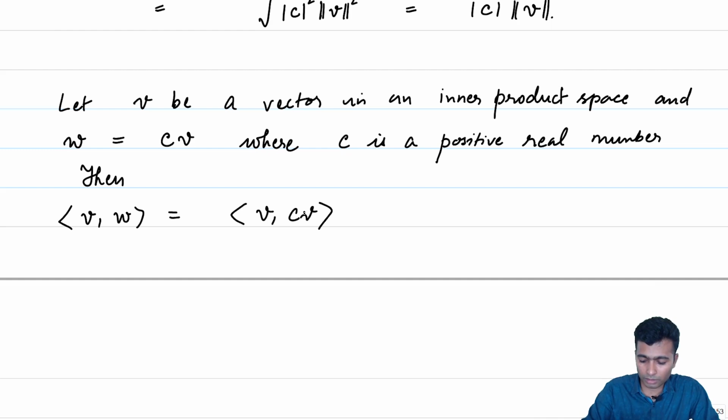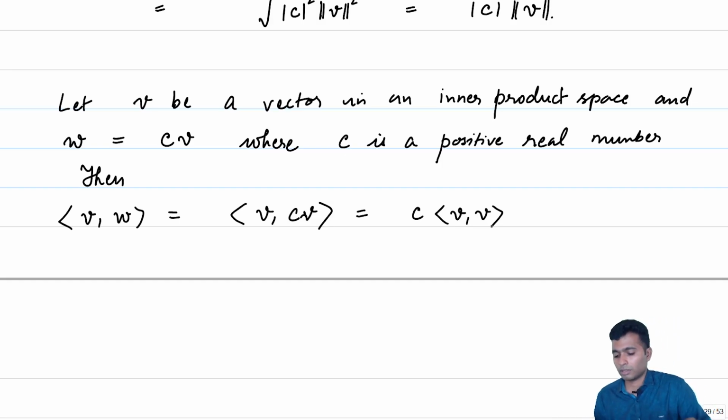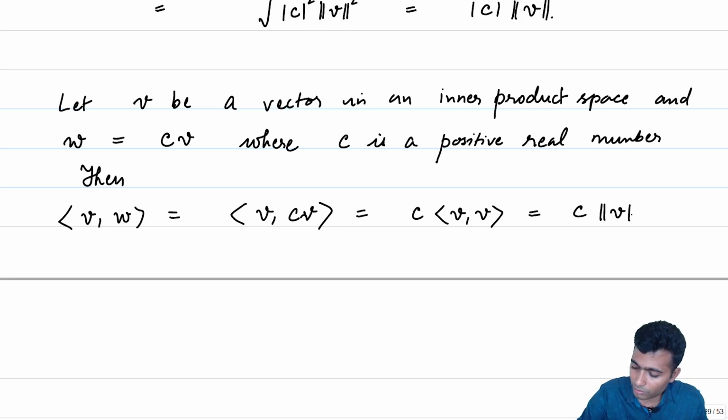But what is that? This is just C bar times the inner product of V with itself. But C bar in our case is just C, because it's a positive real number, and therefore this is equal to C times norm of V square.